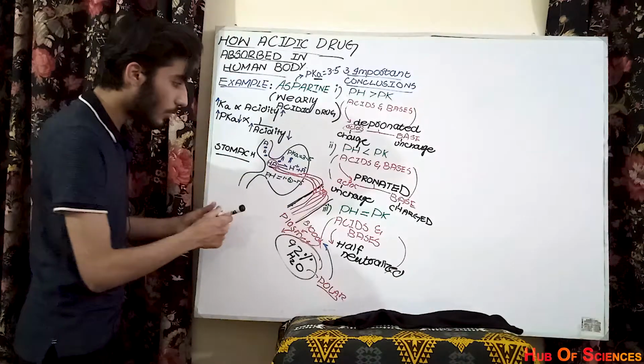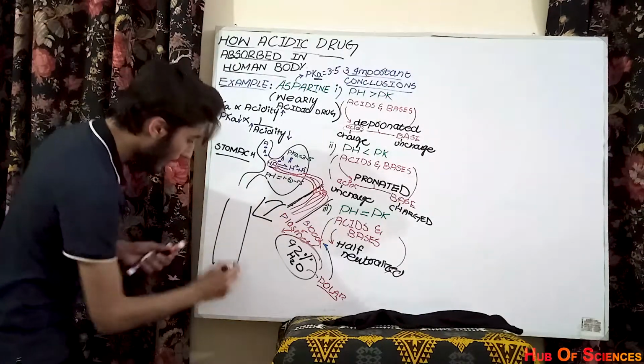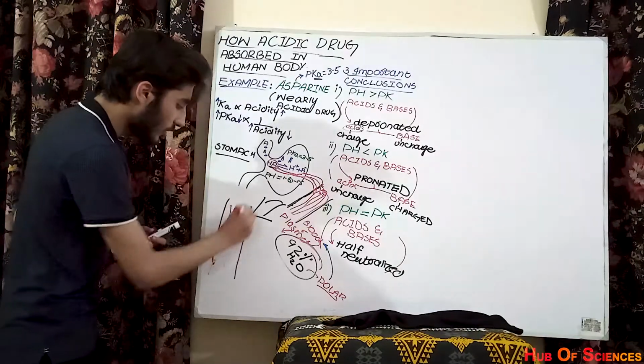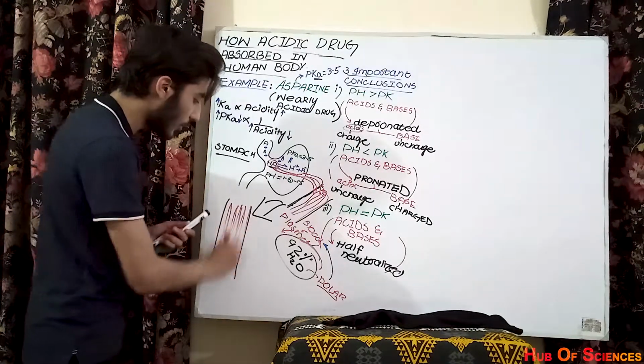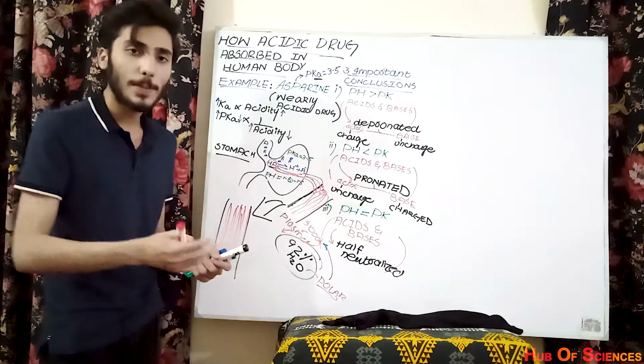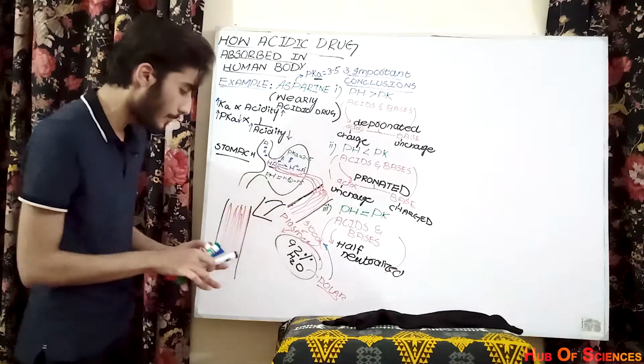I am drawing this blood vessel here. This is the blood vessel in which the blood is flowing, which contains plasma as the main constituent, plasma which makes up 55% of the blood, and other white blood cells, red blood cells, platelets, etc. And we conclude that the blood is a polar medium.